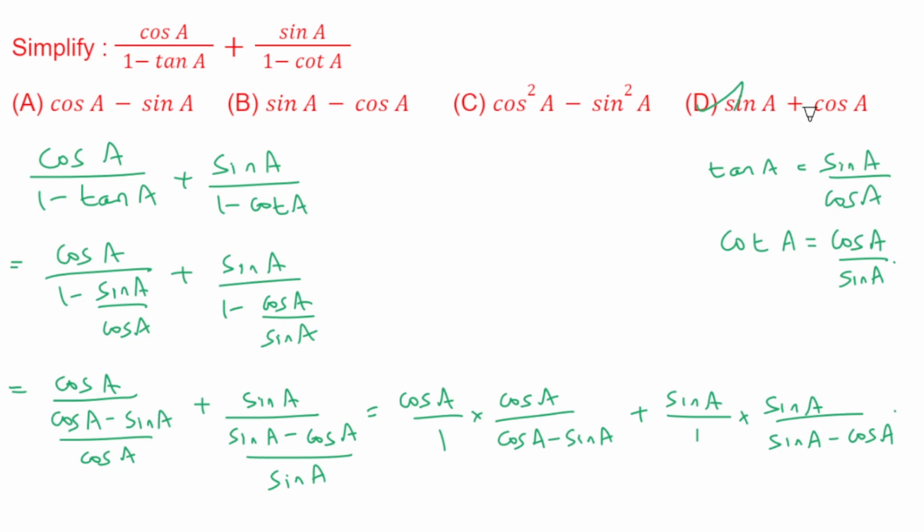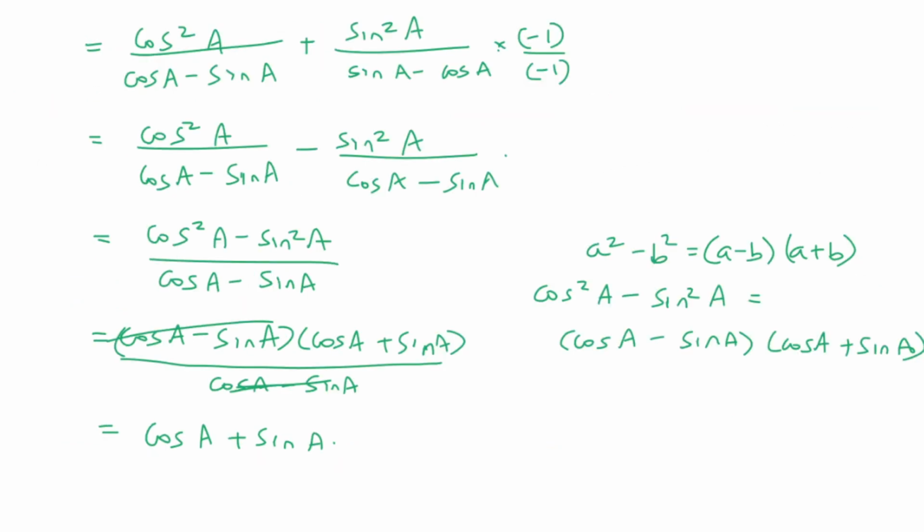We have sin A plus cos A in the answer, but we get cos A plus sin A. Both are one and the same. Cos A plus sin A is the same as sin A plus cos A, because addition is commutative.